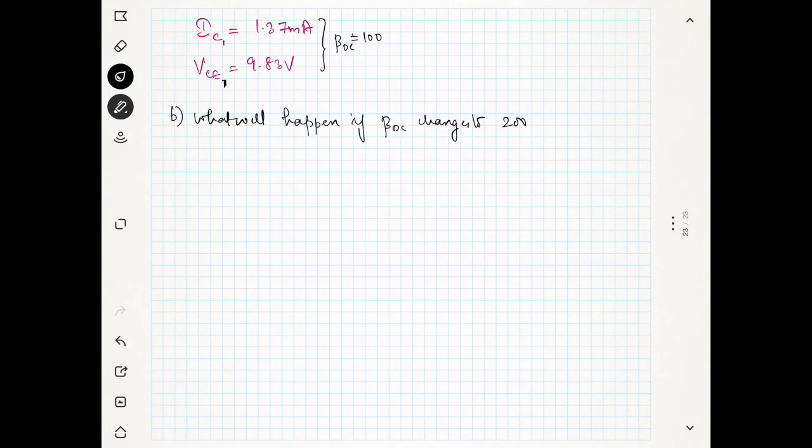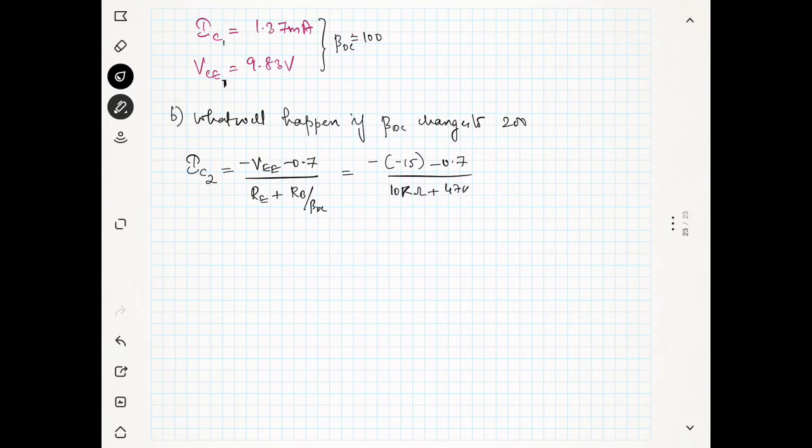So when beta is equal to 200, IC, we will call it IC2, will be equal to minus VEE minus 0.7 divided by RE plus RB over beta DC. So this is equal to minus of minus 15 minus 0.7 divided by 10 kilo ohm plus 47 kilo ohm divided by 200. So you can see this is 1.38 milliampere.